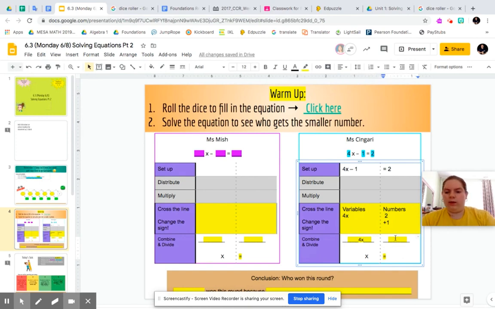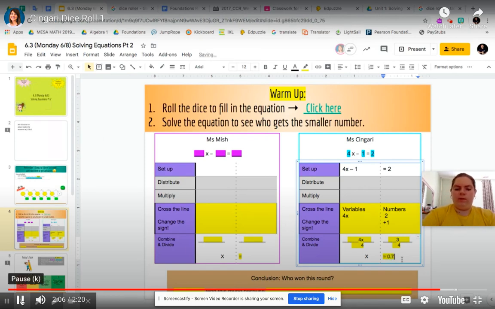On the right side, I have 2 plus 1, and that gives me 3. And then remember, we're dividing by the number in front of x. So I have to divide by 4, divide by 4, and I get x equals, handy dandy little calculator, 3 divided by 4 is 0.75. All right, stay tuned to see what Miss Mish's number is.